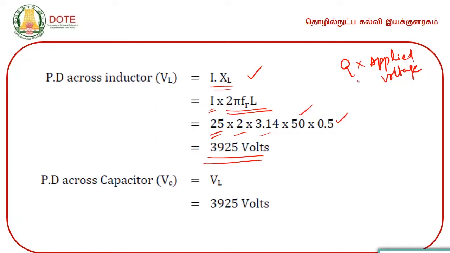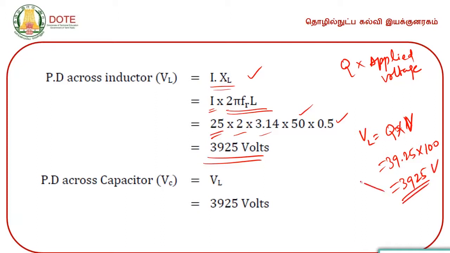The other way of finding out VL is nothing but Q into applied voltage, that is V. So, Q is 39.25, we already know that. The applied voltage is 100 volts. So, again the same result, 3925 volts.